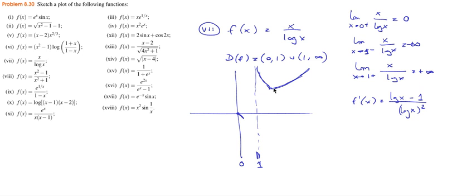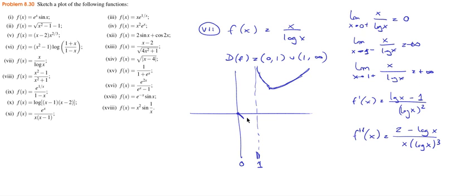But maybe this is not a good way to plot, because we don't know the concavity of the function. So let me check the concavity. We have the second derivative. If you compute this, you will get 2 minus the logarithm of x, divided by x times the logarithm of x cubed. This has different behaviors.